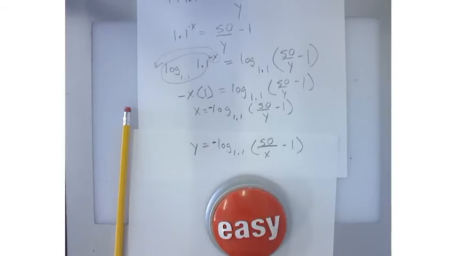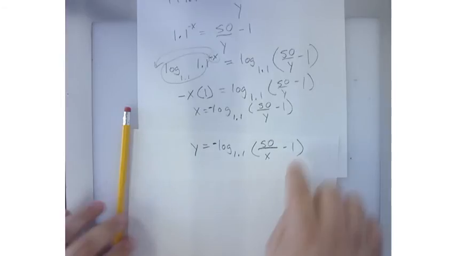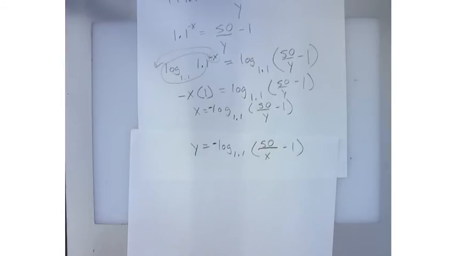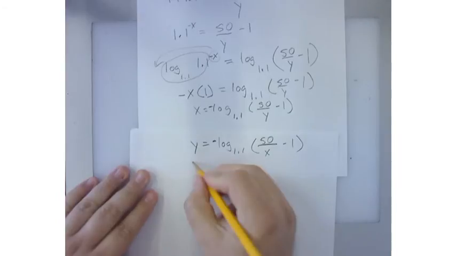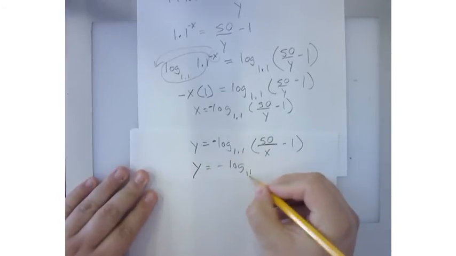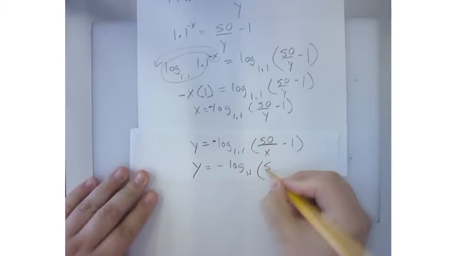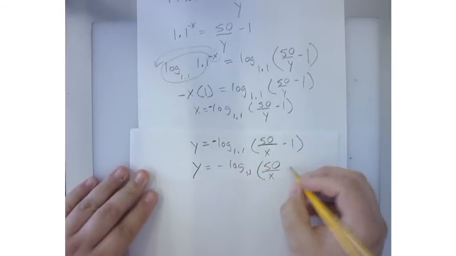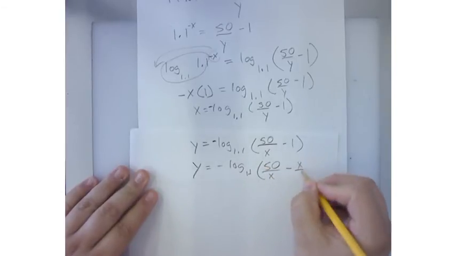We're not done. We could clean it up a little bit. We've got to clean it up, because what's another way that I could write negative 1? I could write it as negative log base 1.1 of 50 minus x over x.